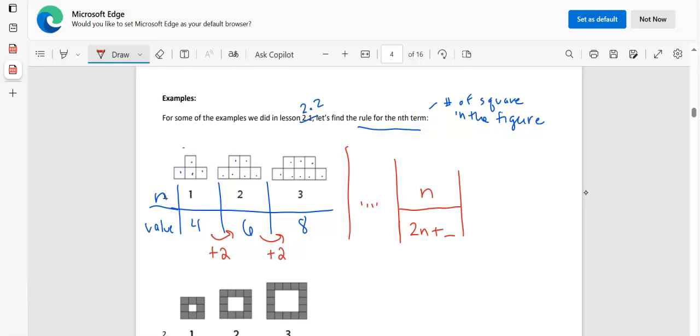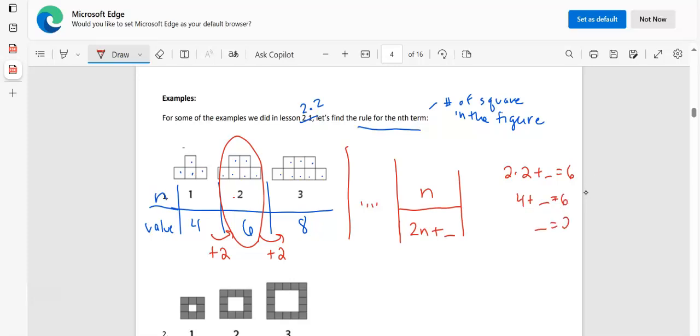To do that, I'm going to focus on the second term, which has a value of 6. So I would do 2 times 2, because n equals 2, plus something is going to equal 6, because that is the value of that term. So 4 plus something equals 6. This time I'm going to do my math correctly.